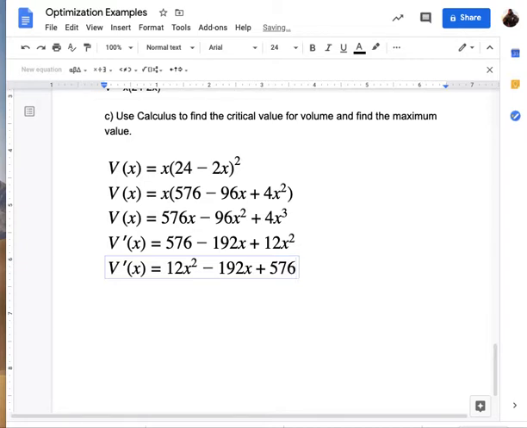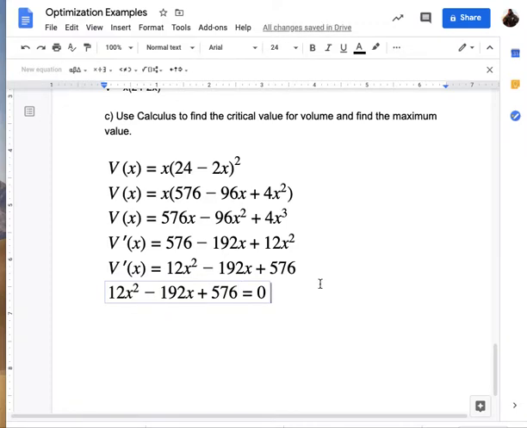And now our job is going to be to set this equal to 0 and solve this. So, new equation, 12x squared minus 192x plus 576 equals 0.